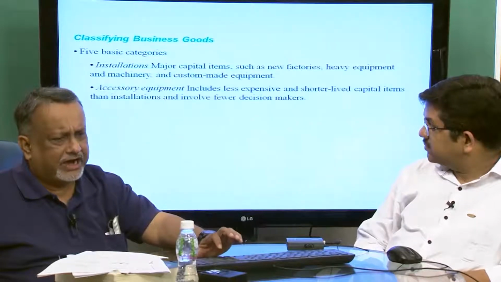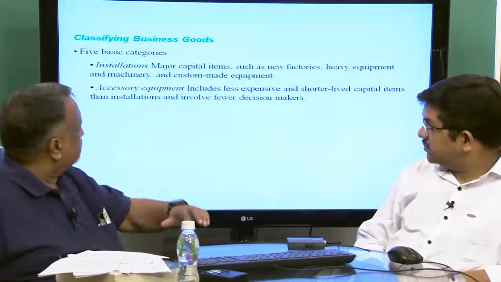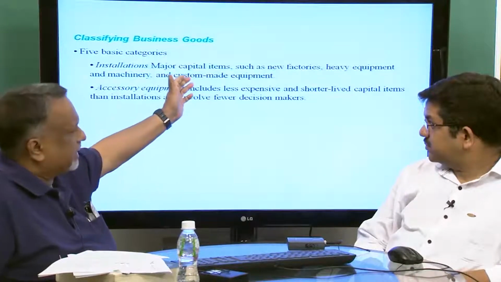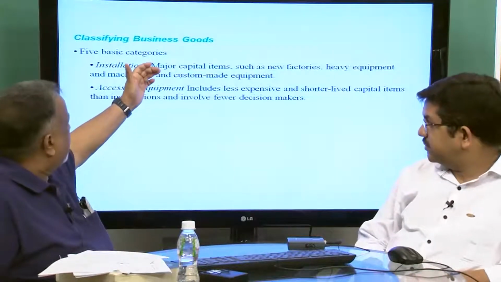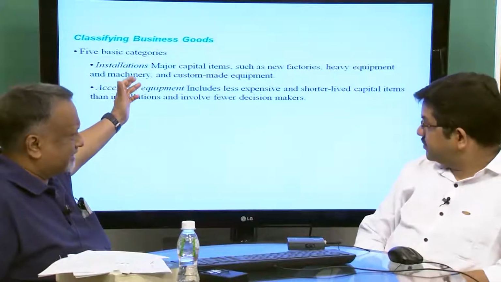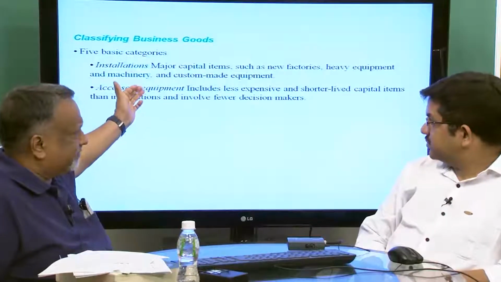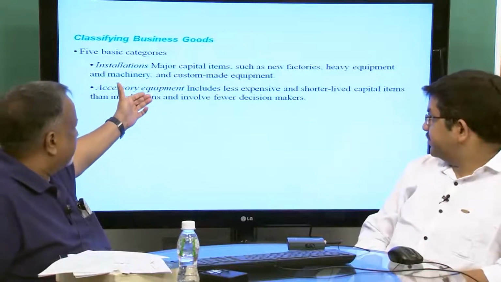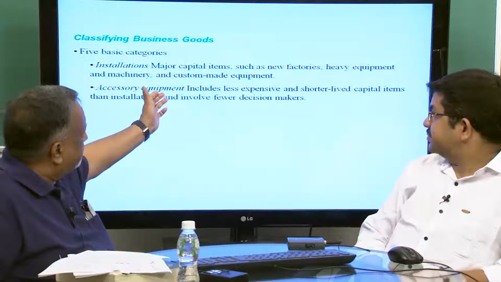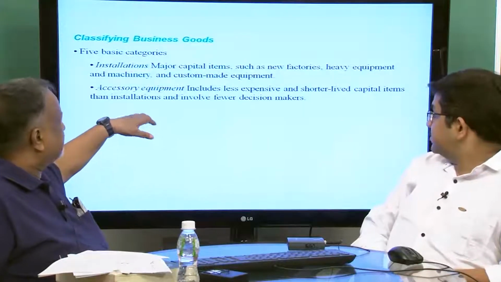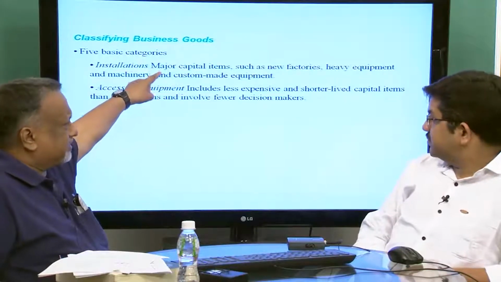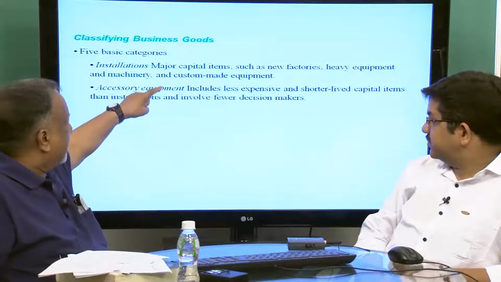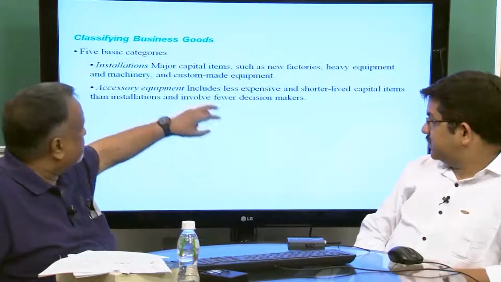Similarly, if we look at business goods, they also have these categories. There are installation products, these are capital goods which go into fixed assets. Then we have accessories, these are facilitating goods like tables, chairs or air conditioning etc. They are shorter lived capital items than these items. These are the CNC machines or a paint line and so on, and there are fewer decision makers here.